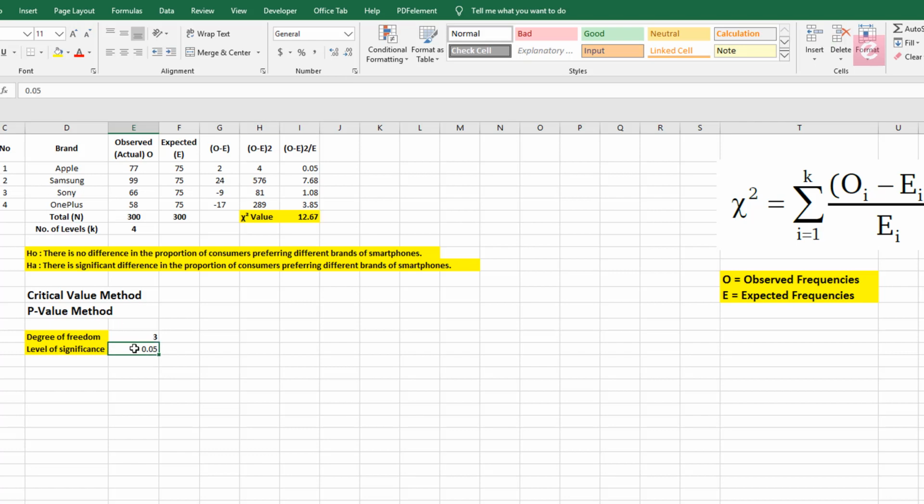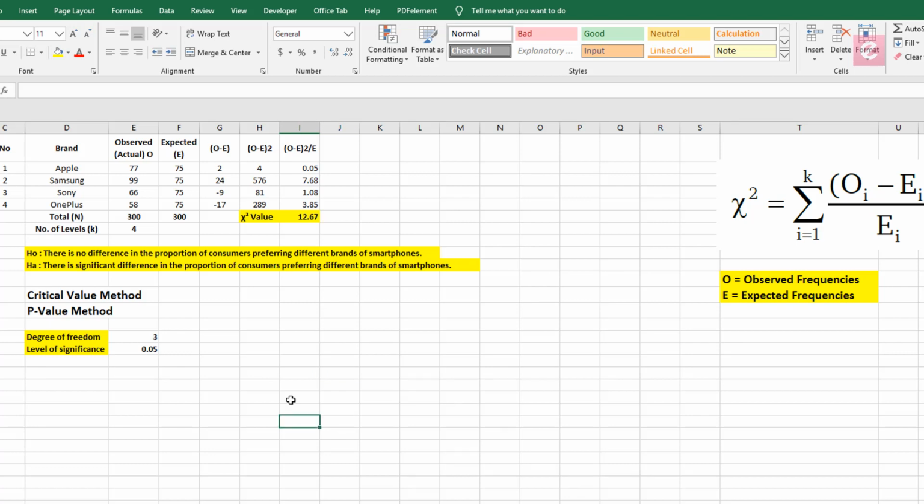Actually, this is a representation of the type 1 error. There are two types of errors, type 1 and type 2, that we will discuss in coming videos. So this is controlled by the researcher. The researcher can set the level of significance according to his convenience. So here we are going to set the level of significance at 0.05, which is the commonly used level, or you can set it at 0.01 or 0.005 according to your study.